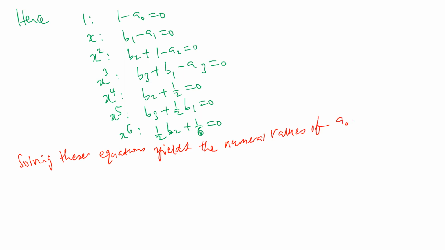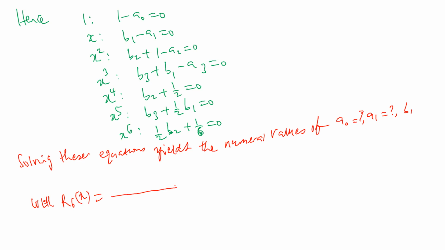of a naught, a1. Okay, we need to obviously obtain those. And then we find all of them, because now with the R6, we wrote the R sub 6 of x for the Pade approximation.